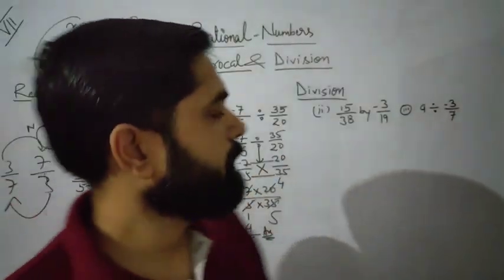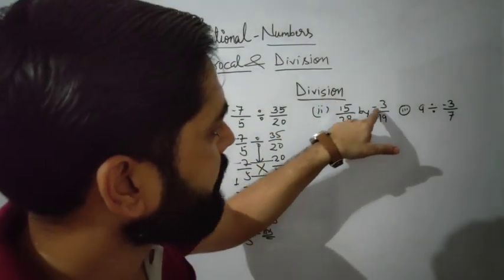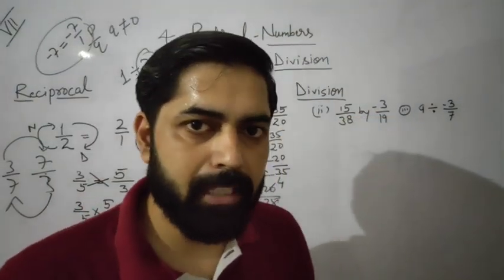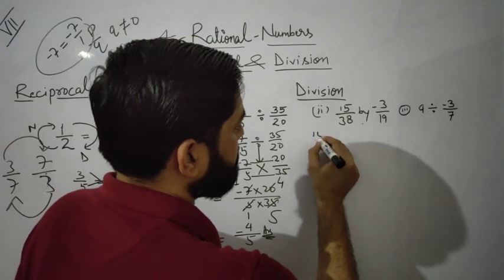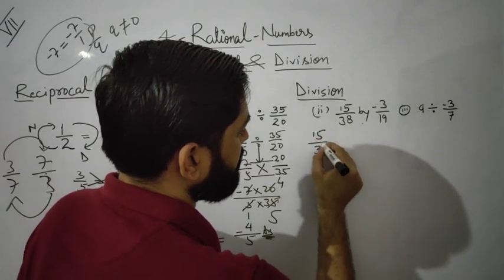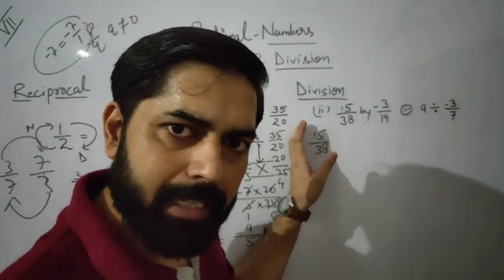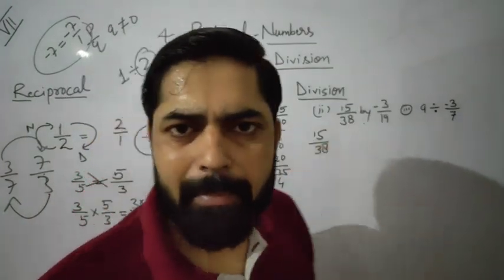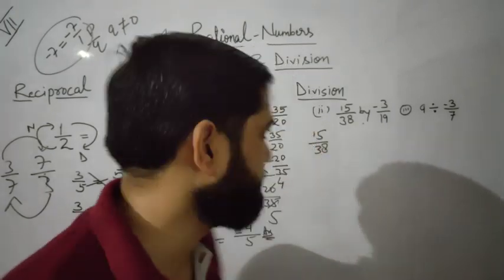Now the second one is 15 upon 38 divided by minus 3 upon 19. Minus 3 upon 19. So by means division. When we solve this question, 15 upon 38 will be written the same. Keep it the same in the second step, and write the reciprocal of the second fraction.